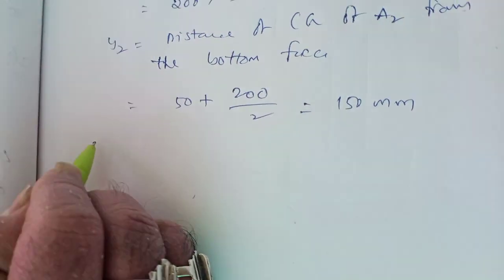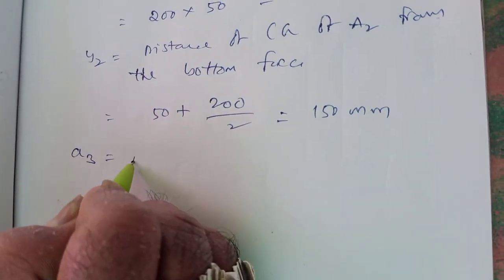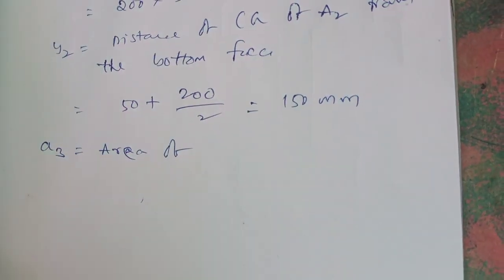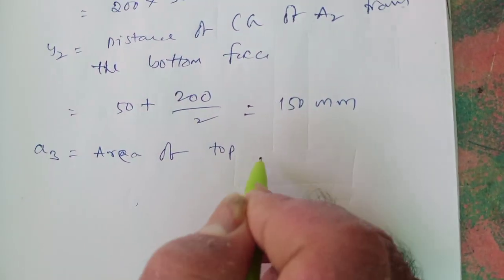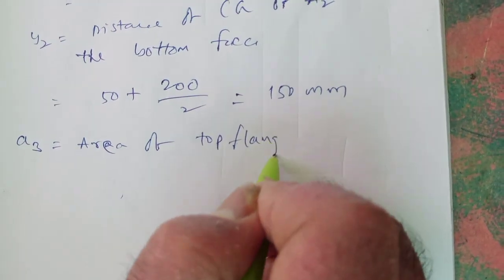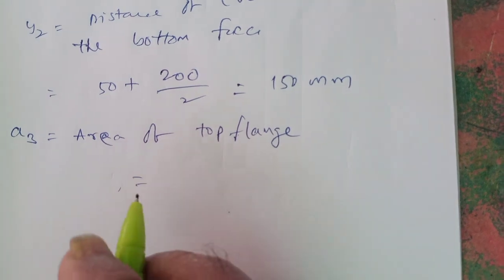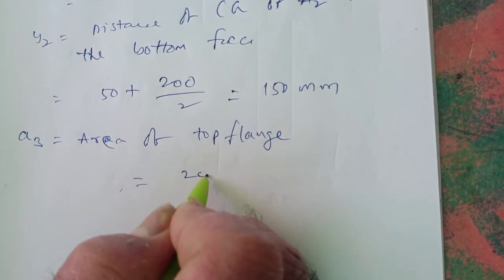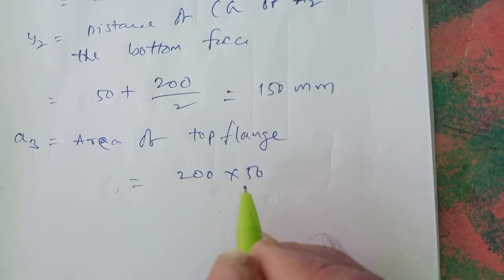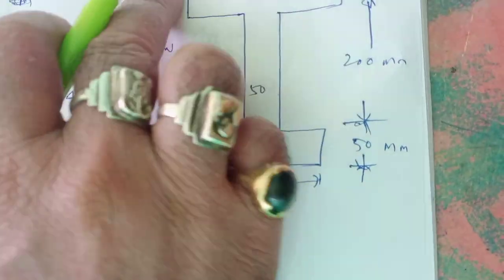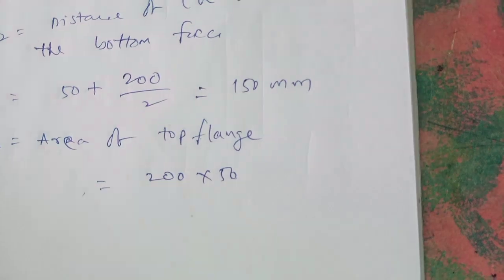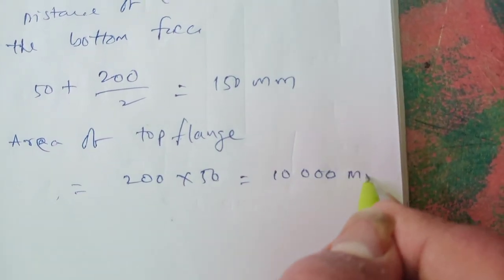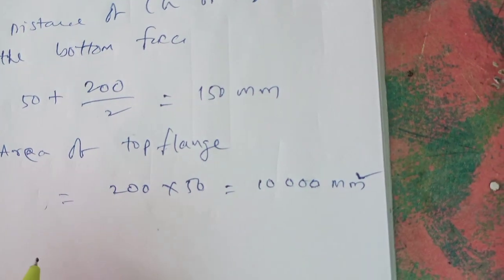Next, A3 is the area of the top flange, that is 200 into 50, which is 10,000 millimeter square.